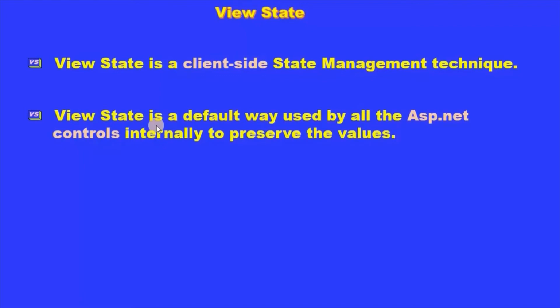ViewState is a default way used by all the ASP.NET controls internally to preserve the values.